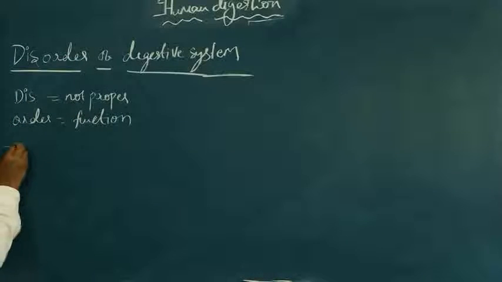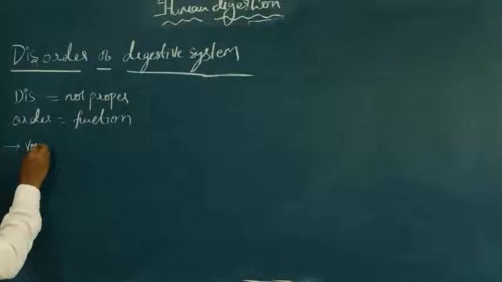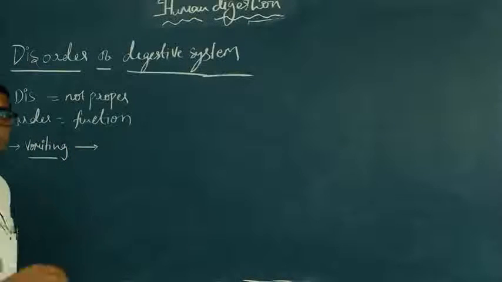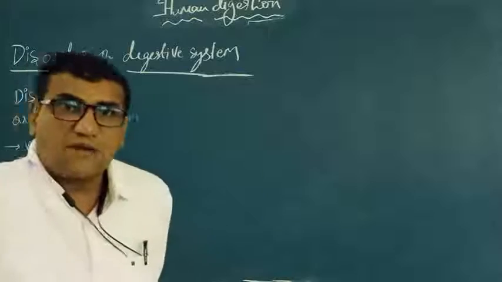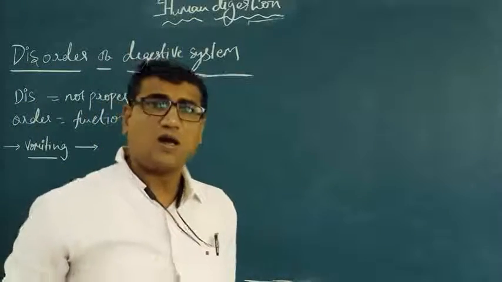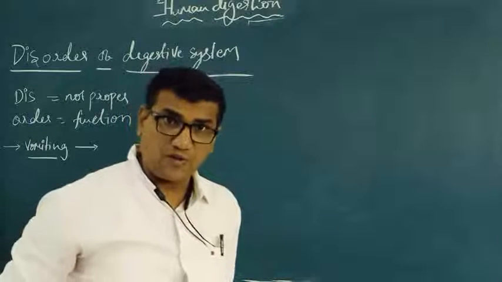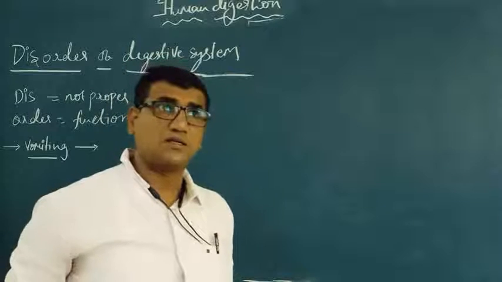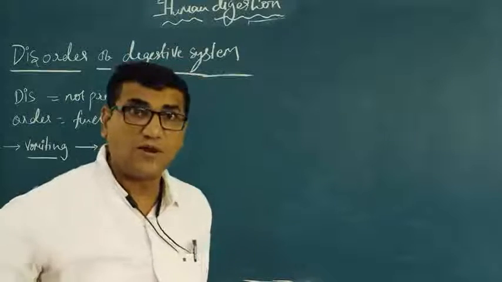So vomiting. Vomiting means coming back of the food, whatever we eat, because of spicy food or because of certain inflammation in the body or because of several things, the food will come back.